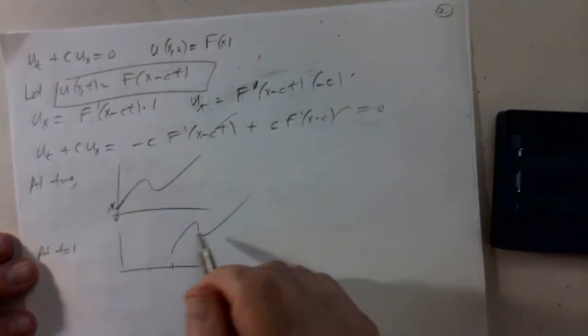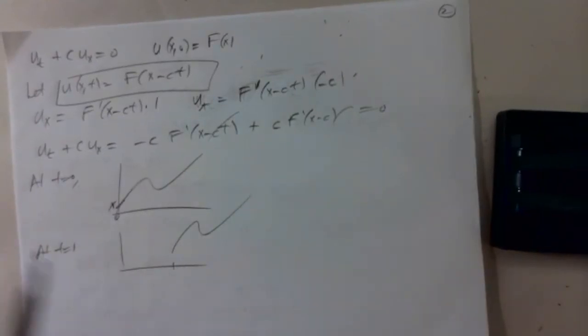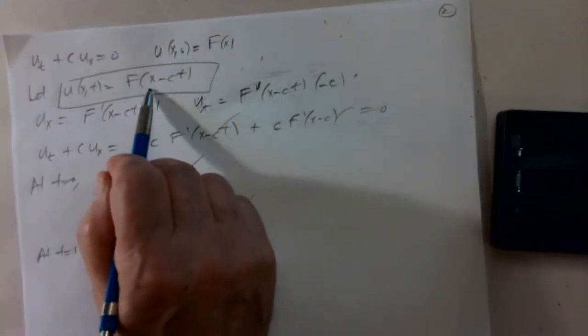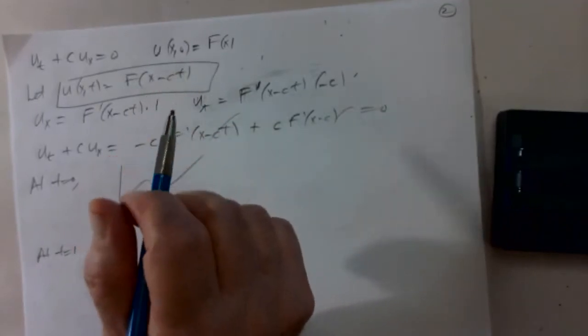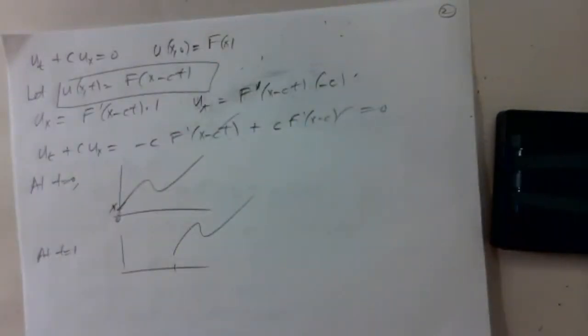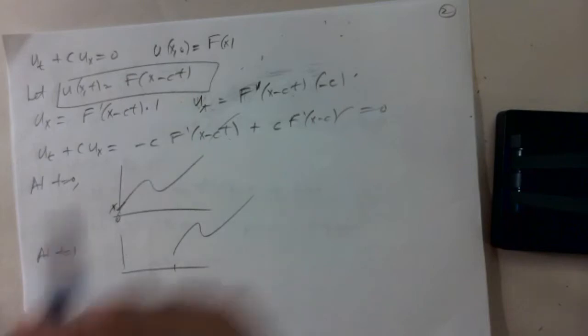So for any given time t, u of x,t is the initial value of the function F of x translated by ct. This is sometimes what is called a traveling wave.